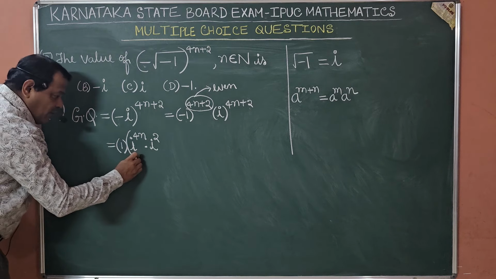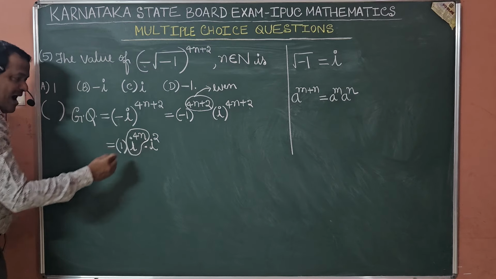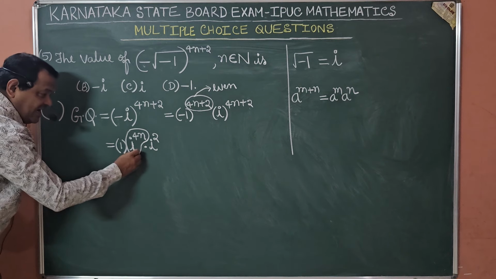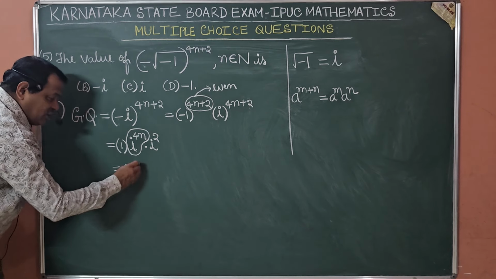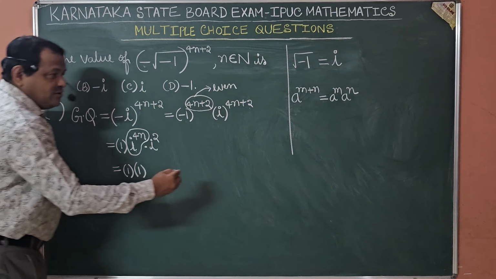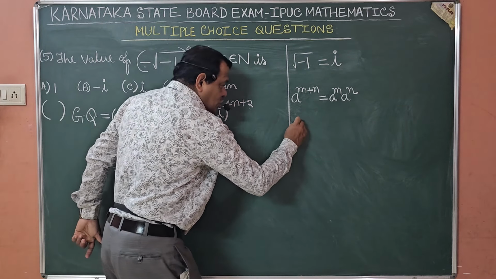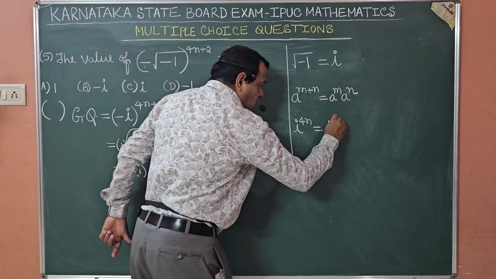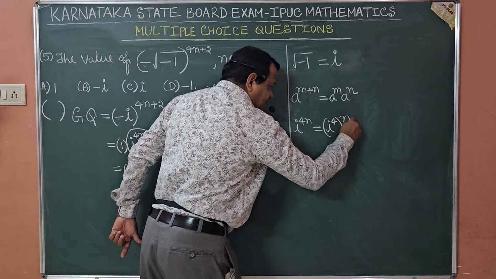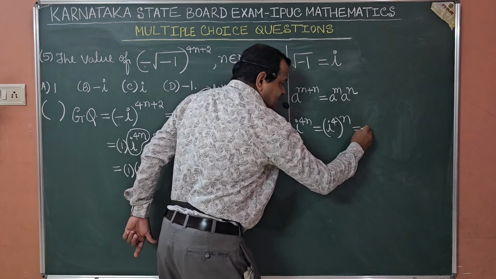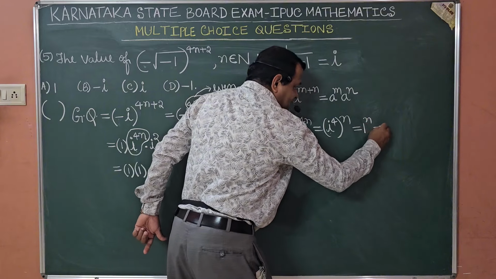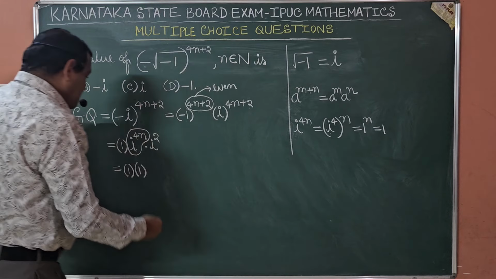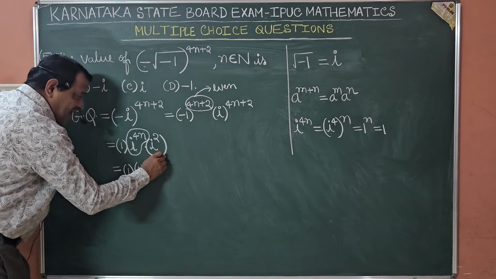Now i power 4n value is always 1. You should know i power 4n is i power 4 whole raised to n. i power 4 is plus 1, power n, so it is always 1. Then finally i square remains.